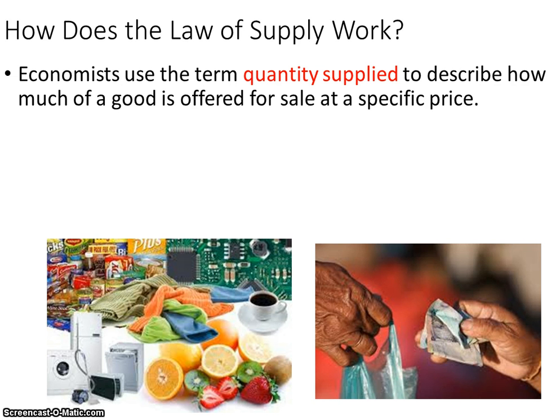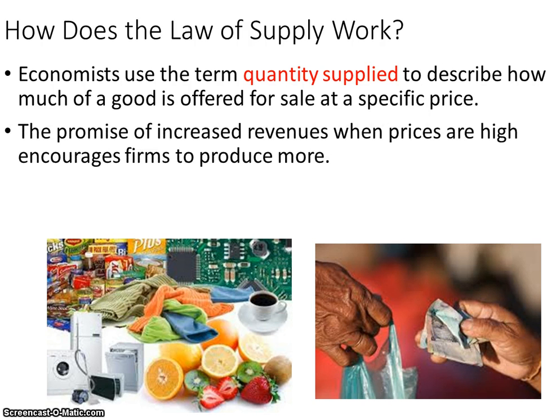There are two major factors that come together to create the law of supply. The first one is the promise of increased revenue when prices are high. This encourages firms to produce more. As prices start to go up, producers feel they can make more profits.